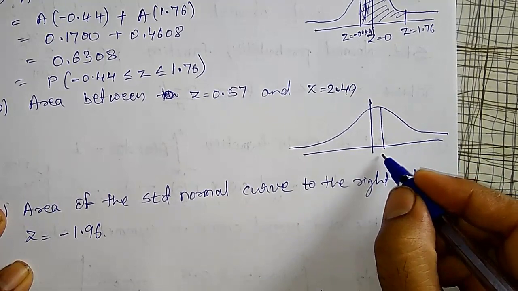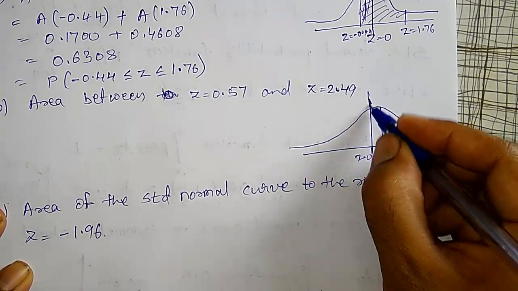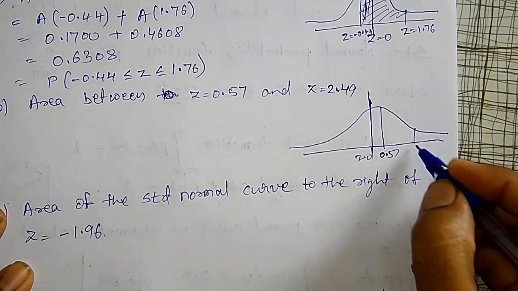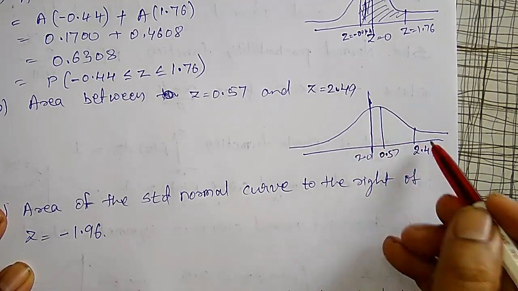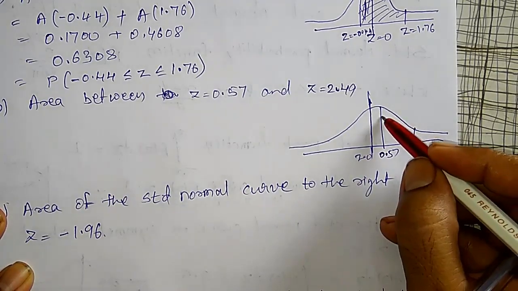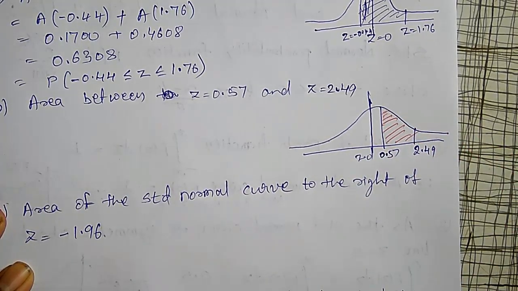This is 0.57, this is the z equal to 0 line, and then z equal to 2.49. Therefore our required area, out of these total regions, 1, 2, 3, 4, I want to find the area between 0.57 and this one. Therefore this is my required area which I am going to evaluate.